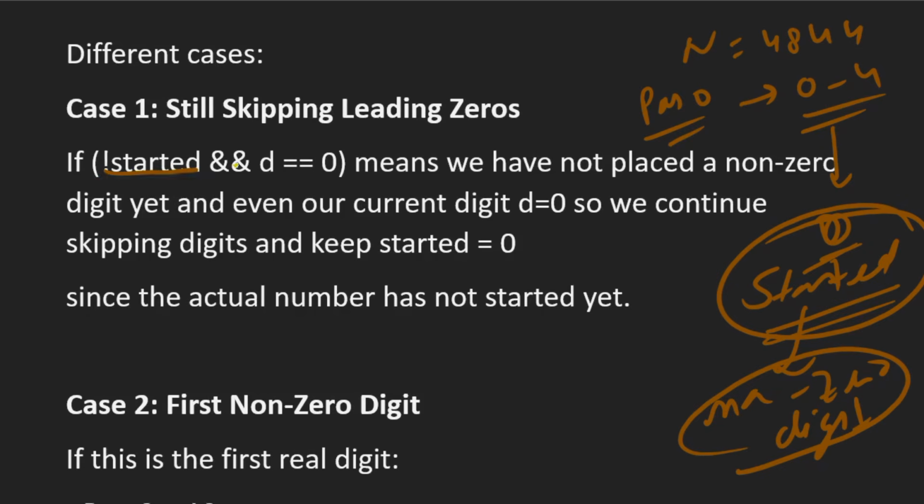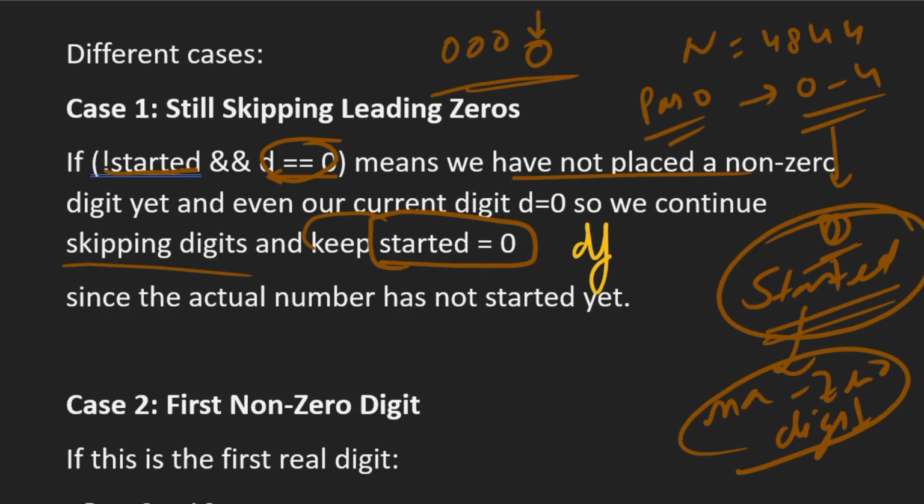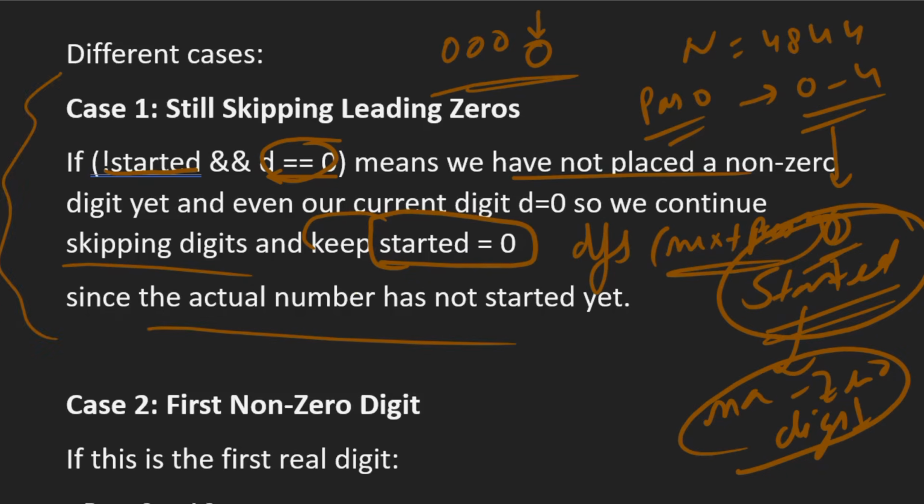If our started variable is false and our current choice is 0, that means earlier we also had 0 and now we are also selecting 0, so we haven't placed a non-zero digit yet, right? So what we do, we skip the digit and keep our started variable equal to 0 and call the DFS with the next position, right? This case is telling that the actual number hasn't started yet, we are just dealing with zeros. So this is case 1.